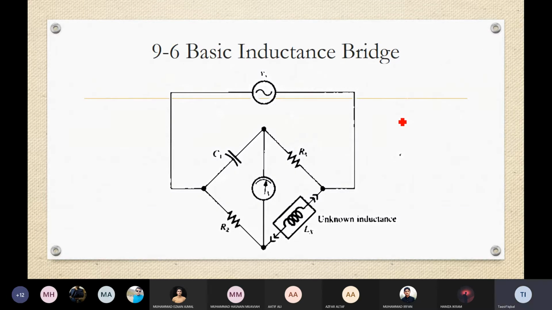Similarly, the same question is relevant to the capacitor.